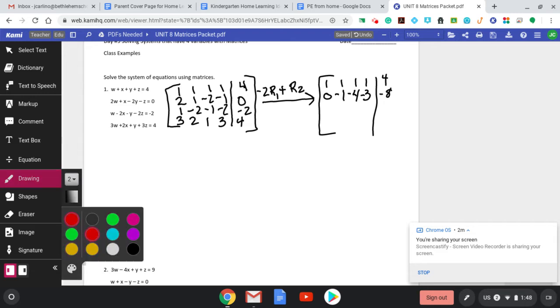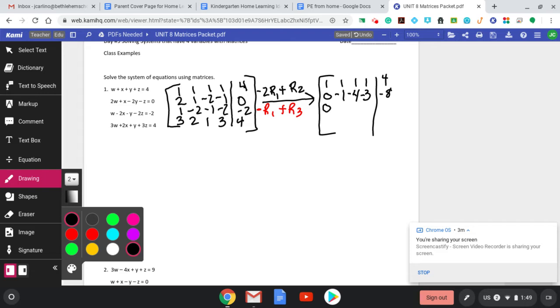Next up, let's do a rule for row 3. Okay, row 3. What should I add to row 3? Well, there's a 1 there right now in row 3, and I'm going to have to add a -1 to it. So let's just do -1 times row 1. Okay, so here we go. I know I'm going to get a 0 there.